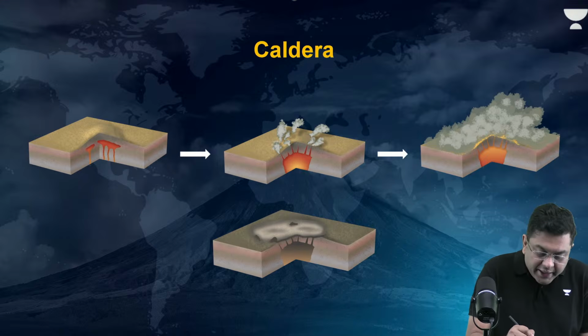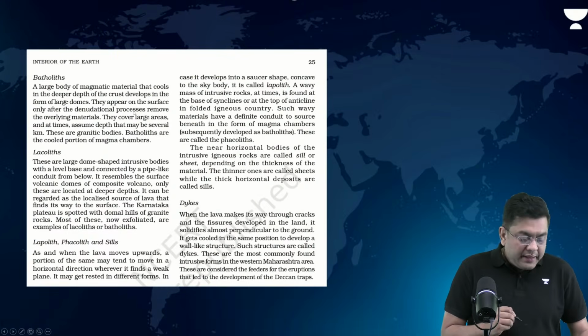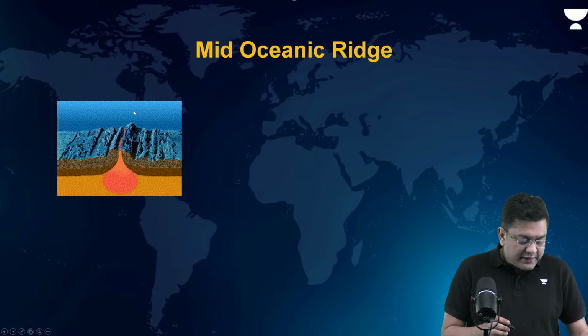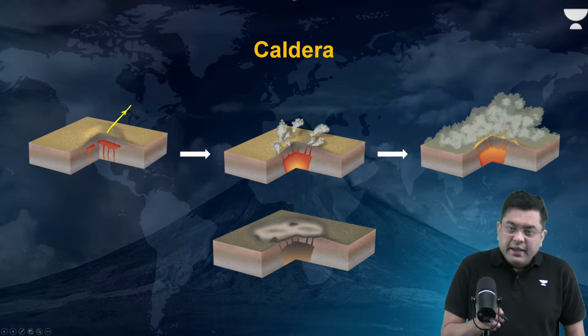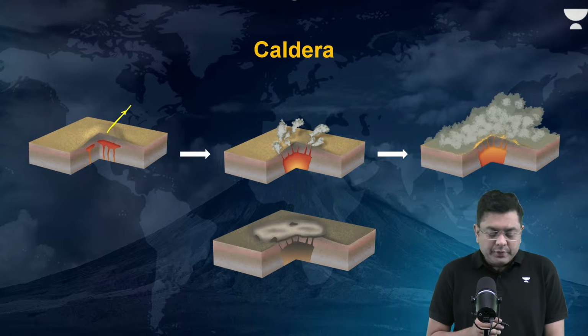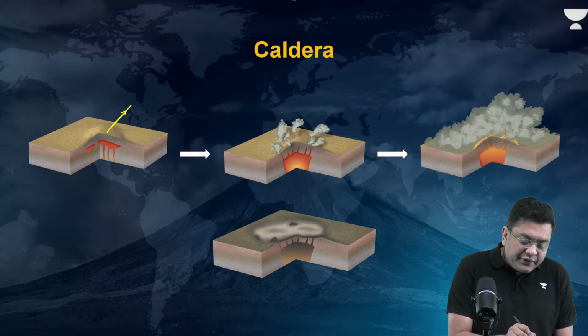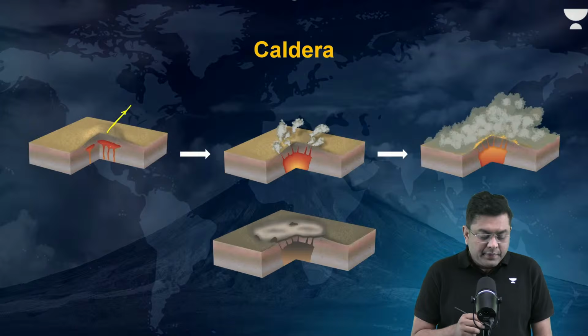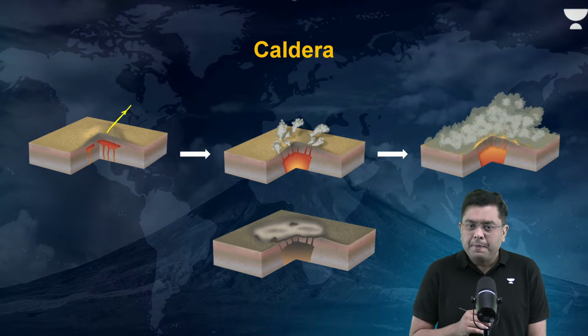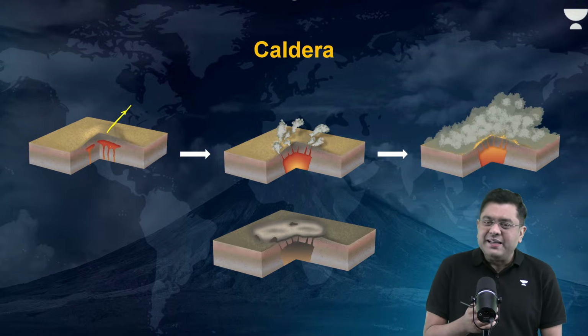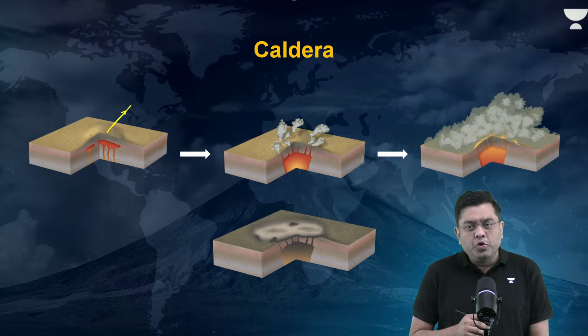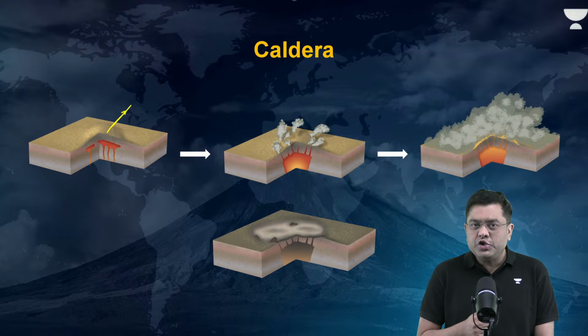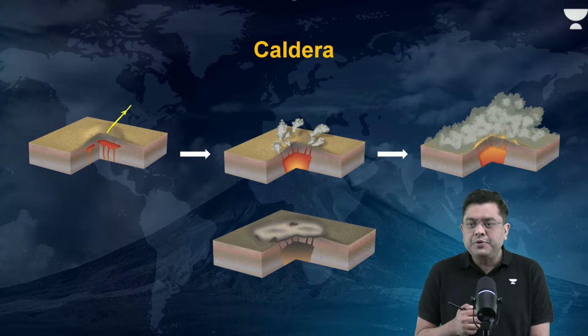This is your volcanic eruption. This is the case of your volcano. Now, here you can see the magma chamber which is present in this. Now, this magma chamber will lead to explosion, as you can see in the second image, a very explosive eruption.